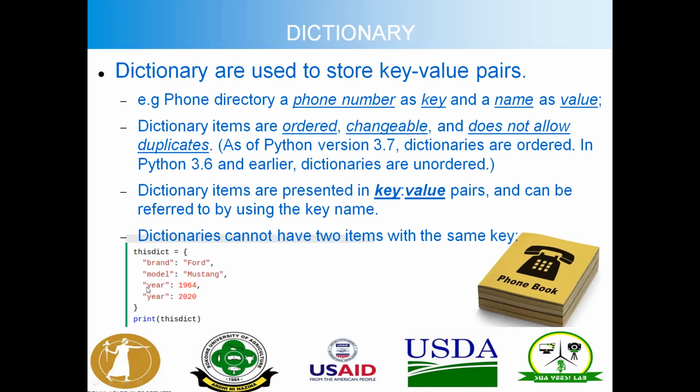You are not allowed to have two key value pairs which resemble one another. So in this case, the only key value pair which will be stored is the last one, the year 2020. So you cannot access the year 1964. That is why we say the dictionary does not allow duplicates.